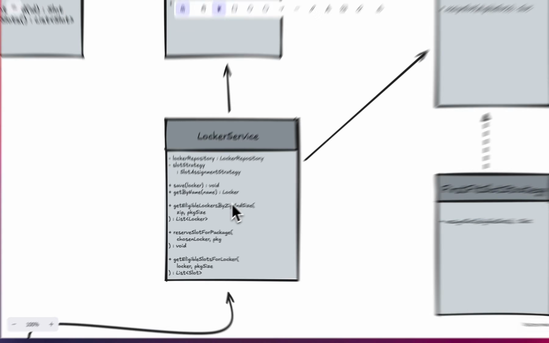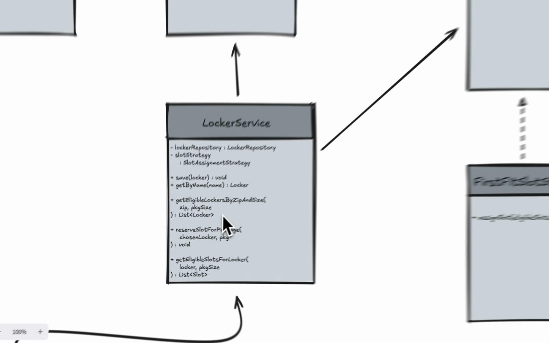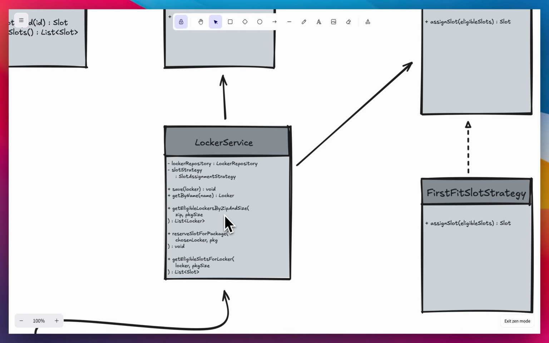First we fetch all the lockers by the zip code, and since we have to only show those lockers which are eligible, that is, which have at least one slot where this package can fit, we iterate through all the lockers in that zip code and check whether each has at least one slot where this package can fit.